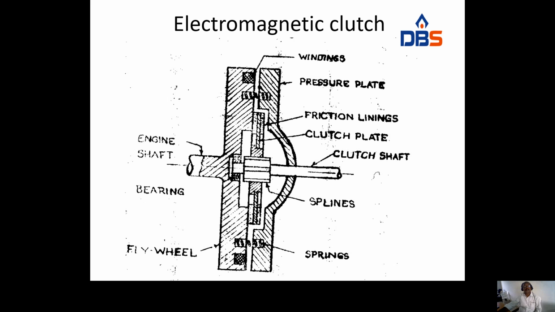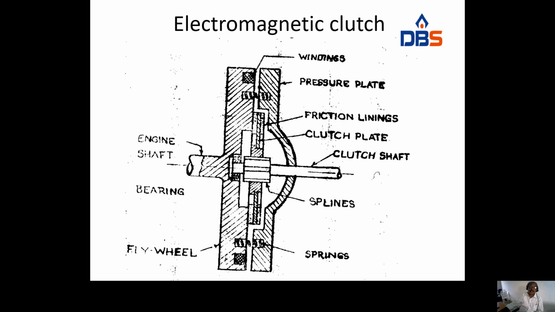This is the diagram of the electromagnetic clutch. This is the engine shaft or driver shaft. This is the driven shaft. The driver shaft is connected to the flywheel, and the driven shaft is connected to the pressure plate. In between, there is a clutch plate with friction lining. On the flywheel there is an electrical winding. If you supply the power, due to the electrical winding, the flywheel acts as a magnet.